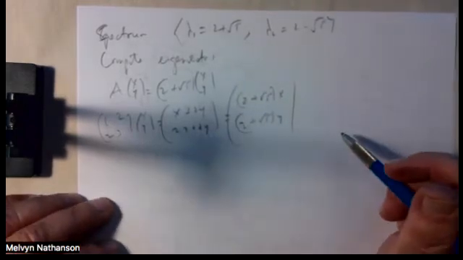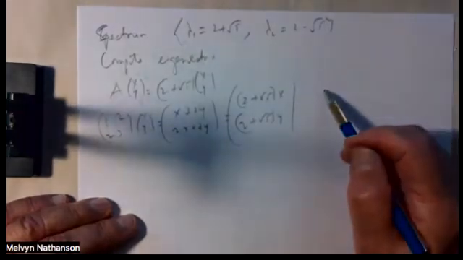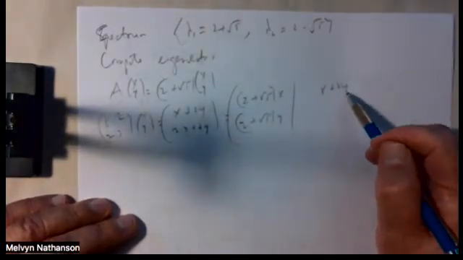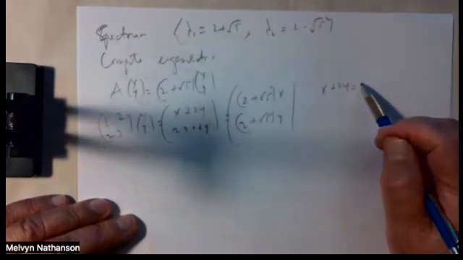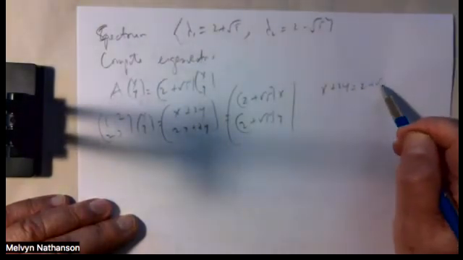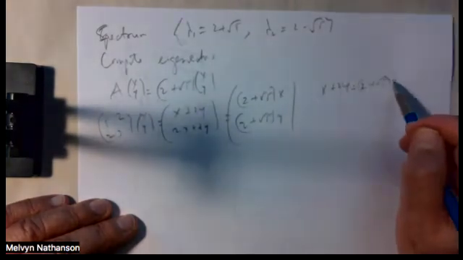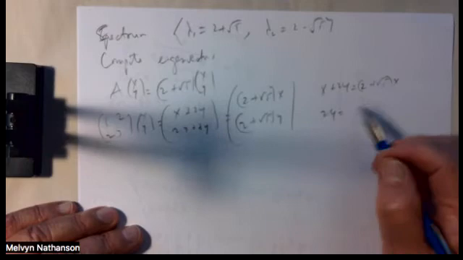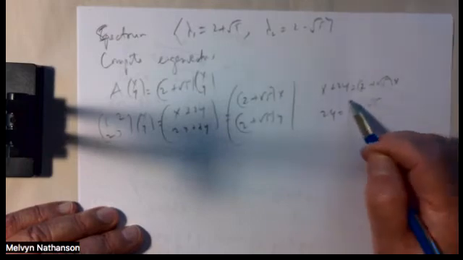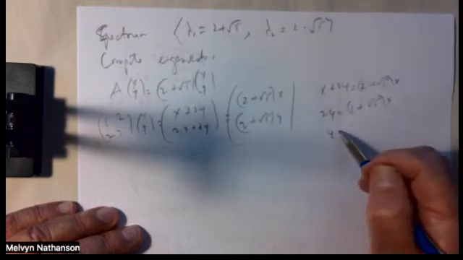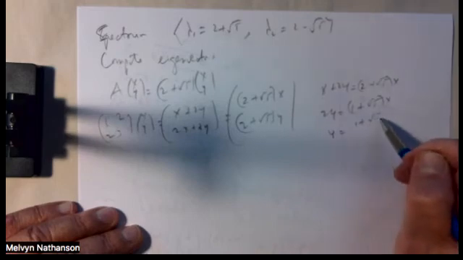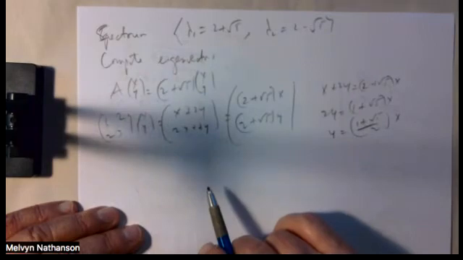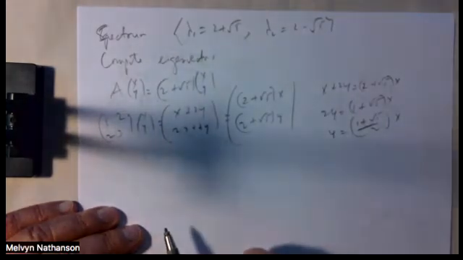So we want to solve the equations. The first equation is x plus 2y equals 2 plus root 5 x, or 2y equals, subtracting x, 1 plus root 5 x. So y is 1 plus root 5 over 2 times x, for any x you might want to choose.